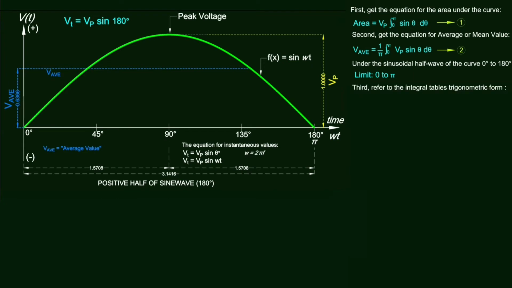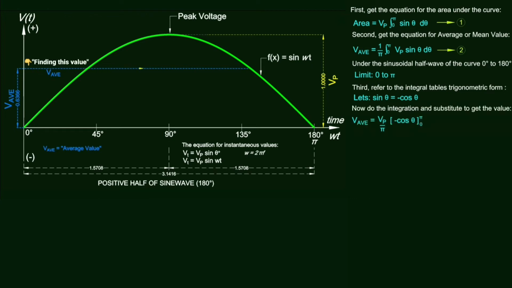For integrating the sine function, refer to integral tables of trigonometric form, and the integral of sine theta is equal to minus cosine theta. Now, do the integration and substitute the values. Average value is equal to peak voltage divided by pi, times minus cosine theta, with limits 0 to pi.